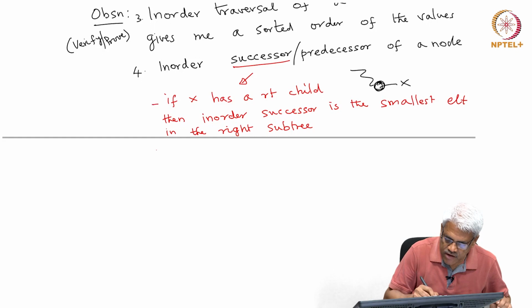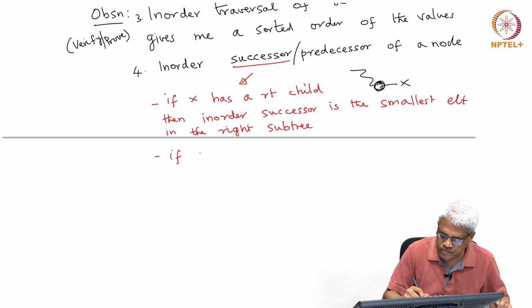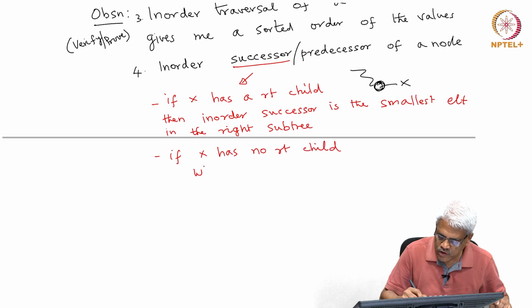Now, if x has no right child, I'm going to let you think about it: who would be the in-order successor? Very interesting question.